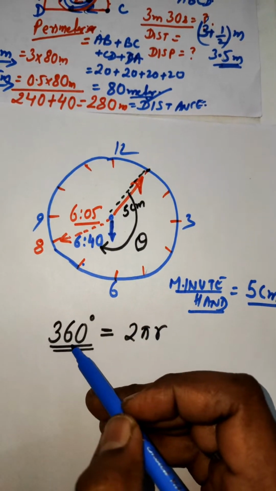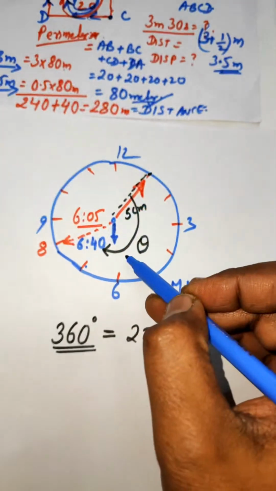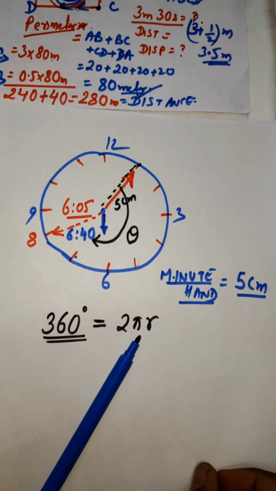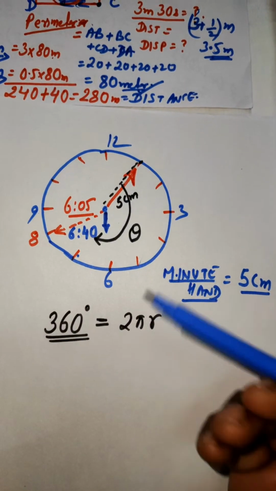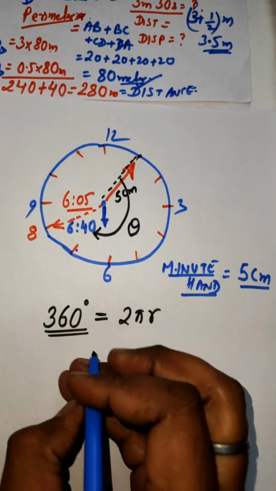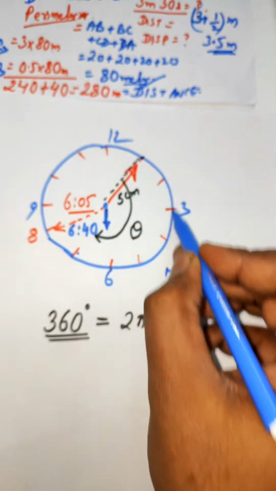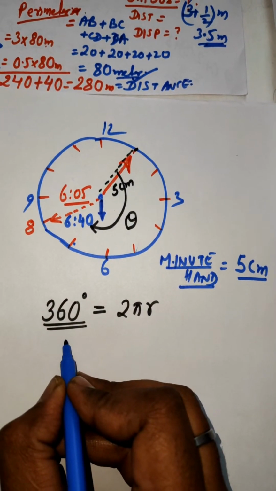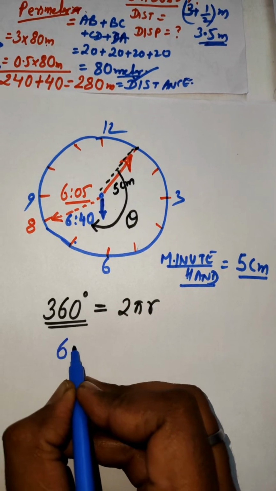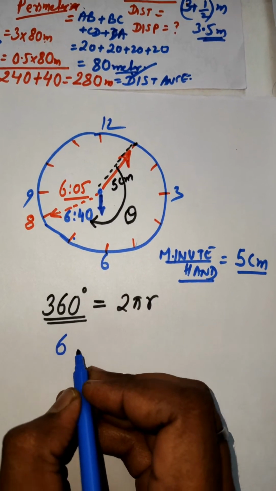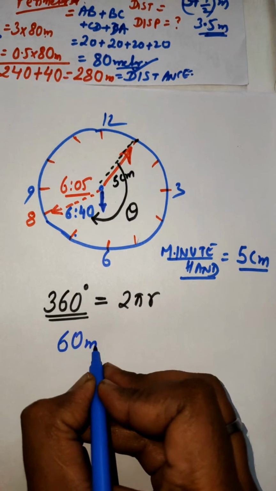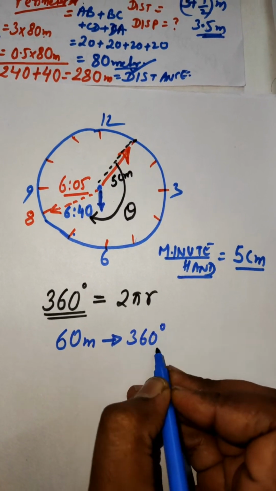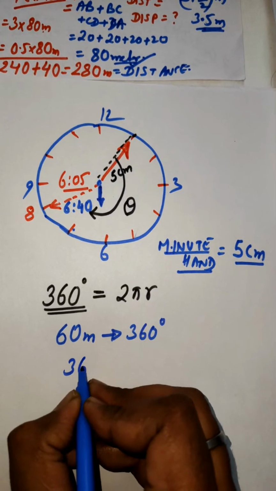So as I said, 360 degree is covered in one round. So if 360 degree is covered in one round, how many minutes are there in one round? There are total 60 minutes in one round, that is 360 degree.